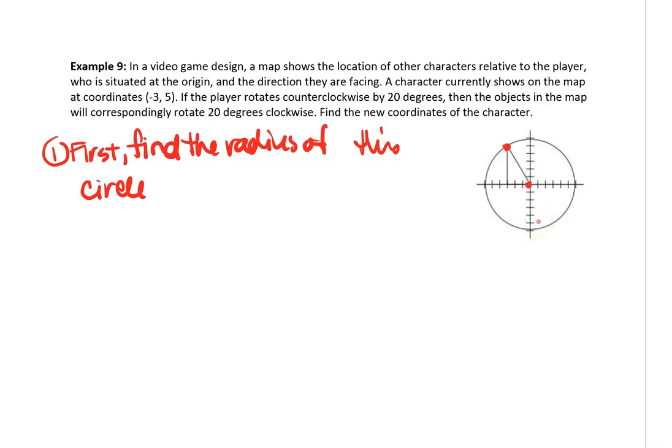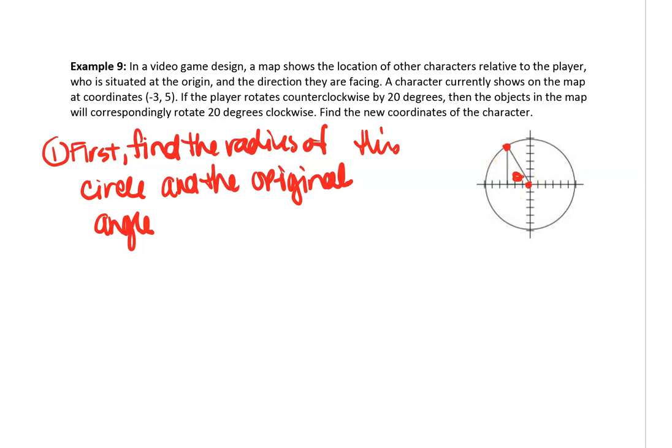And so first let's find the radius of this circle and the original angle. And so we're trying to find this original angle right here before we start rotating around. And so you can see that our radius of the circle will go from here to here.